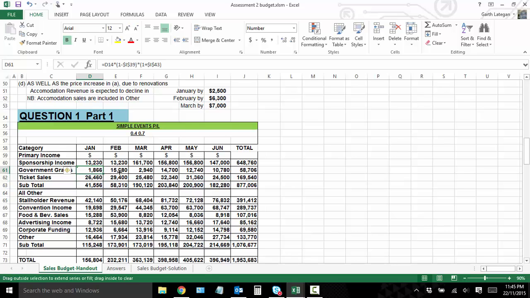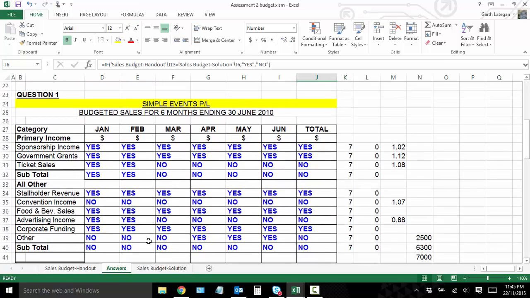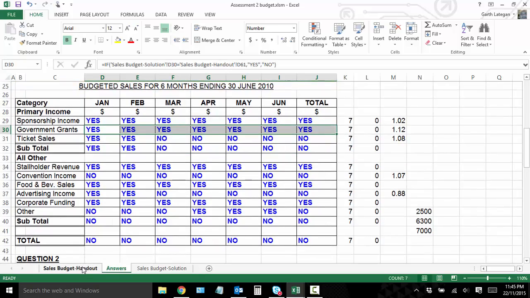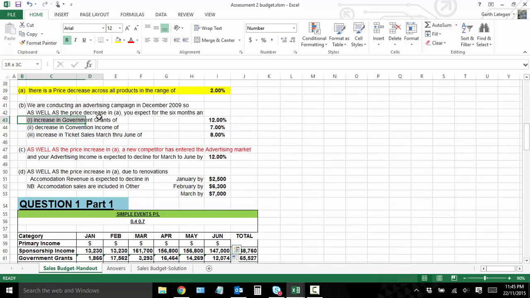Now I can copy that across, and I'm hoping when I go to the solutions I'm going to get a good result. Give me, yes it is. Woohoo, I'm happy. Okay, what's next? Government grants is done.